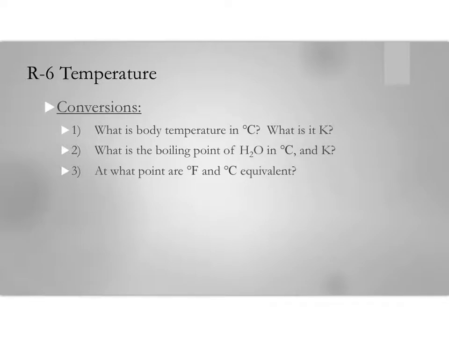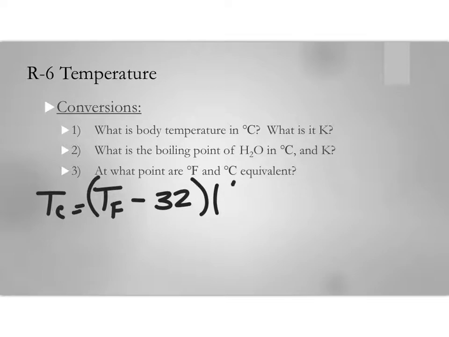Question 3 there. At what point are Fahrenheit and degrees Celsius equivalent? And this is a tough problem, but basically you just need to combine the two equations from before. And so you could say temperature in Celsius is equal to the temperature in Fahrenheit minus 32 times 5/9. Okay.